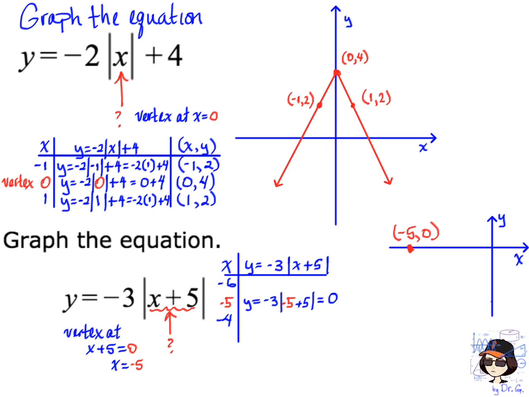All right, so let's find the one on the left. So let's plug in -6. So we have y equals -3 times the absolute value of -6 plus 5. So -6 plus 5 is -1. The absolute value of -1 is +1.